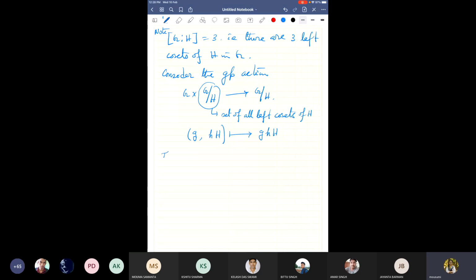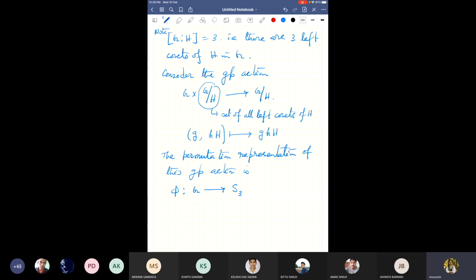The permutation representation of this group action is a map phi from the group to S3, because there are 3 elements in the set of left cosets.